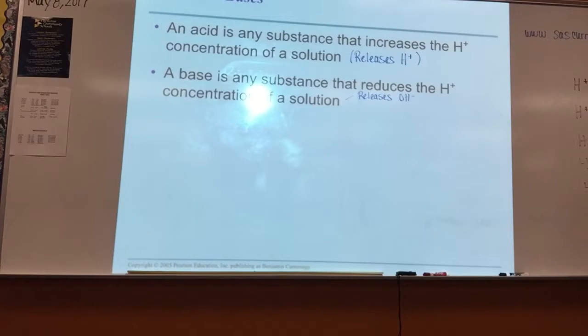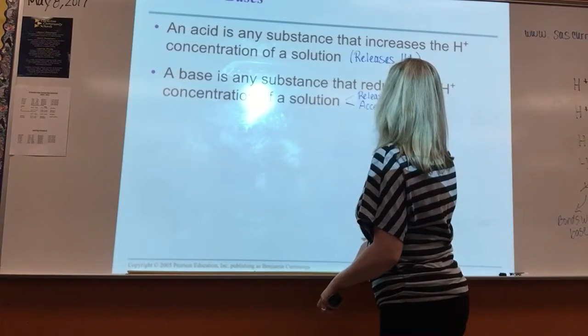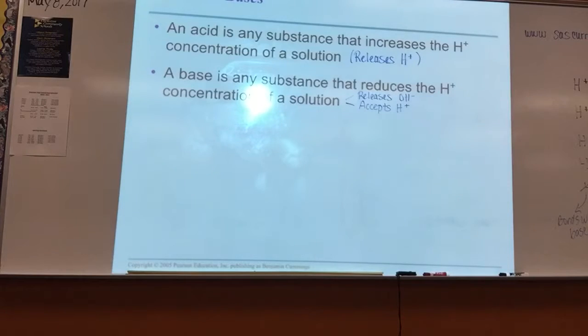So if this H plus goes and bonds with the base, you have less H pluses floating around in the solution, and you lower the concentration of H pluses compared to the OH negatives. So I'm going to put here it accepts H plus. And both of those ways reduce the H plus concentration.